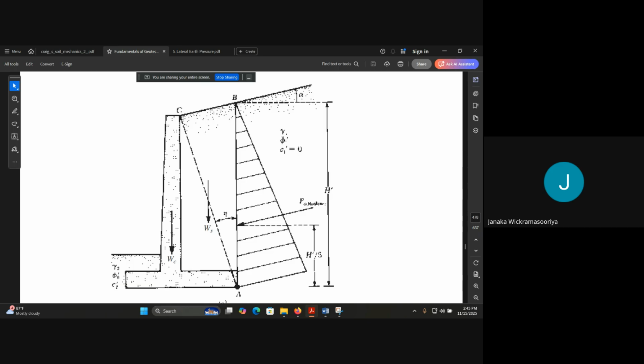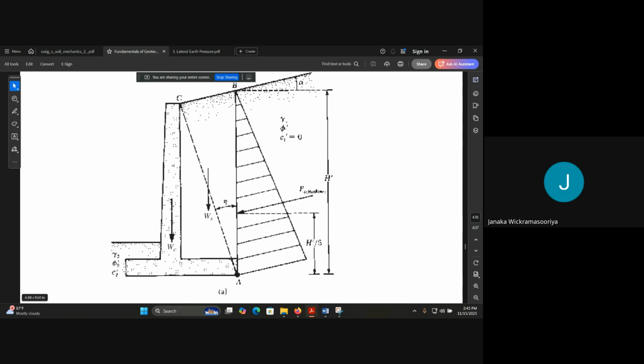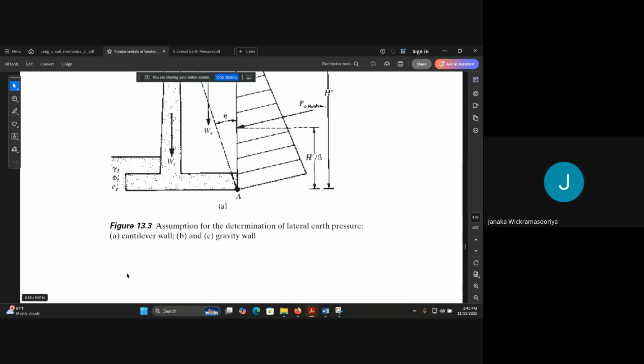The unit weight, friction angle, and cohesion value in the active side can be given, and this is taken as H dash. So this is H. And in the passive side, that will be gamma 2 and some other values. So this is how you can idealize that one.